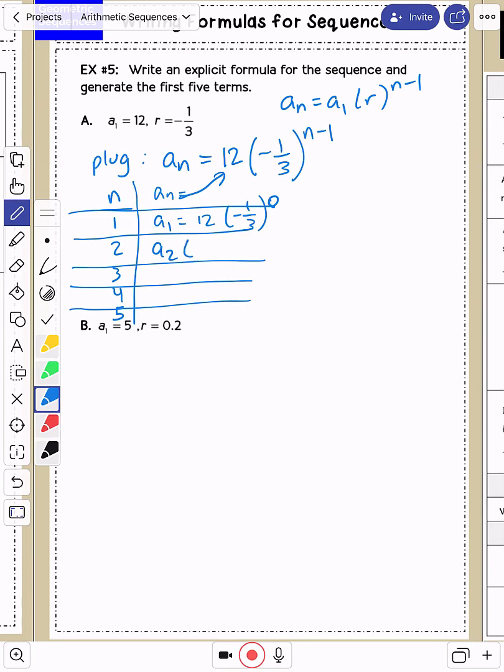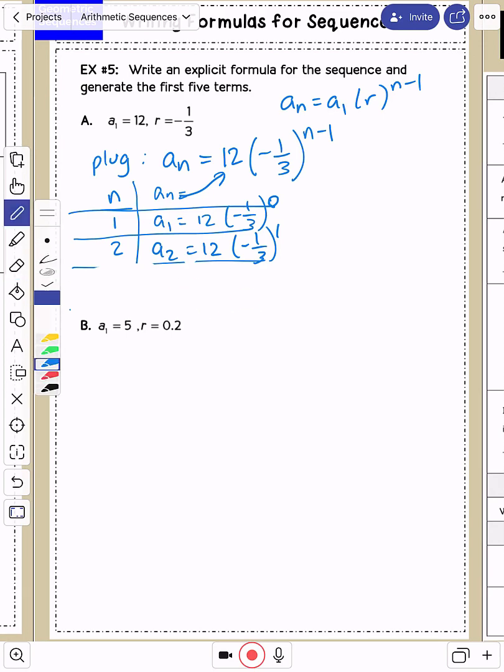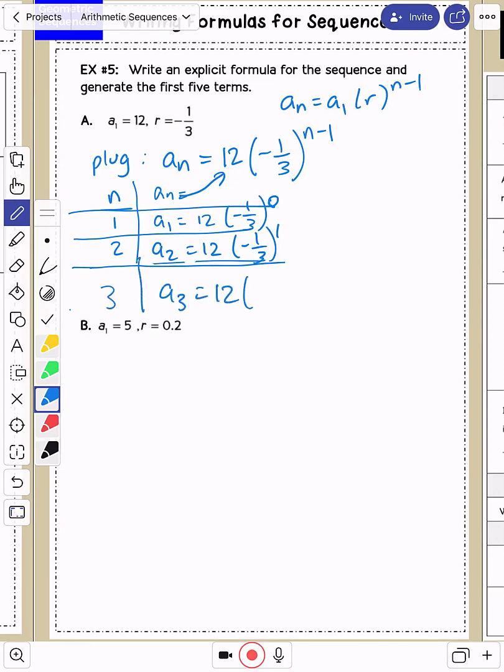A sub 2 is equal to 12 times minus 1/3 raised to the 2 minus 1, which is 1. A sub 3, I really am kind of out of room here, so I'm just going to do the first 3 terms for you guys, and we'll do the others when we're together. This is already, I think, a bit too crowded. So a sub 3 is equal to 12 times minus 1/3 raised to the 3 minus 1, which is 2, so squared.